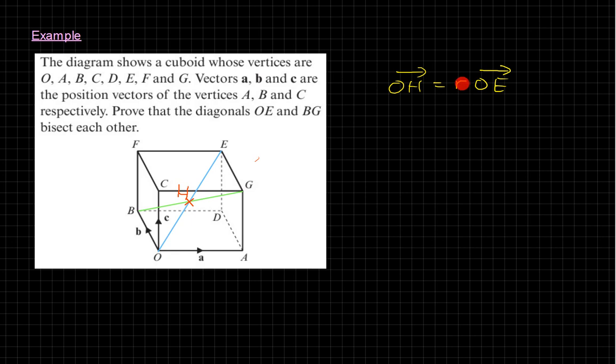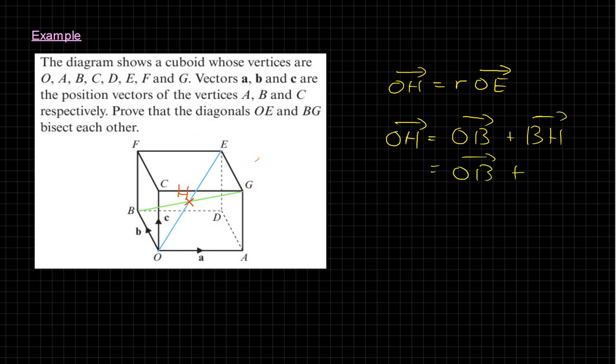Okay. And then let's think of another way of defining the position of OH. Another path. What if we did O to B and then B to H? Yeah, we could do that. So let's say another path for OH is, and this will get us extra information, O to B plus B to H. And that's the same thing.